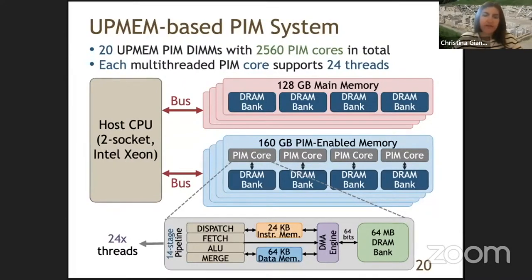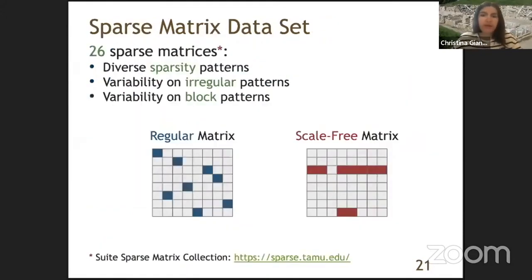These threads share a 24 kilobyte instruction memory and a 64 kilobyte data memory, and all threads can access data from a local 64 megabyte DRAM bank by performing read and write transactions through a DMA engine. We evaluate a wide variety of sparse matrices from the SuiteSparse Matrix collection.